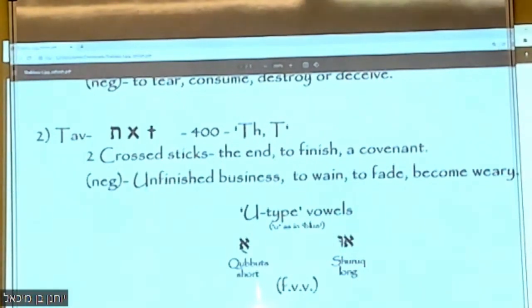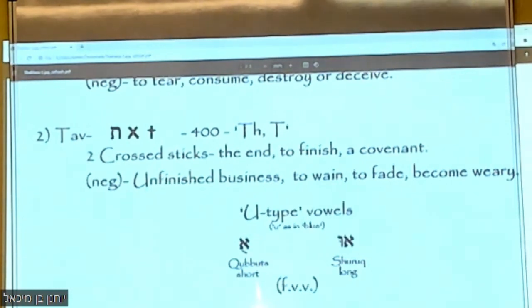So when we talk about a covenant, we talk about finishing something. All right. What does the scripture tell us? He who endures to the end shall be saved, right? So it's a good thing. Because eventually, think about it, y'all, there's going to be an end for all of us, right? Eventually, one day.